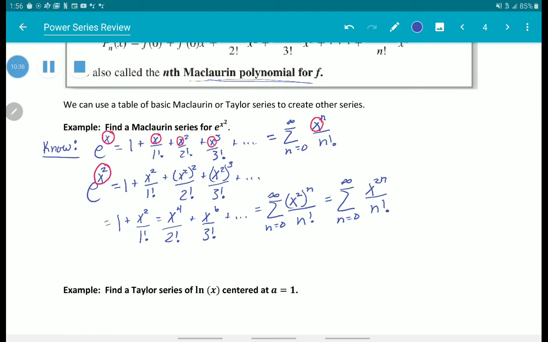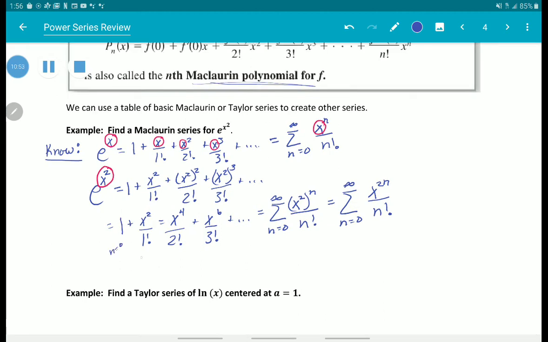Now, I always like to double check to make sure this guy's going to work. So if I were to plug 0 in, do I get the first term? So we would have x to the 0, which is 1, over 0 factorial, which is 1. So we would get a 1. If we substitute in 1, our exponent on x would be 2 over 1 factorial. So it gives us that second term. Let's do the third one, just for insurance.